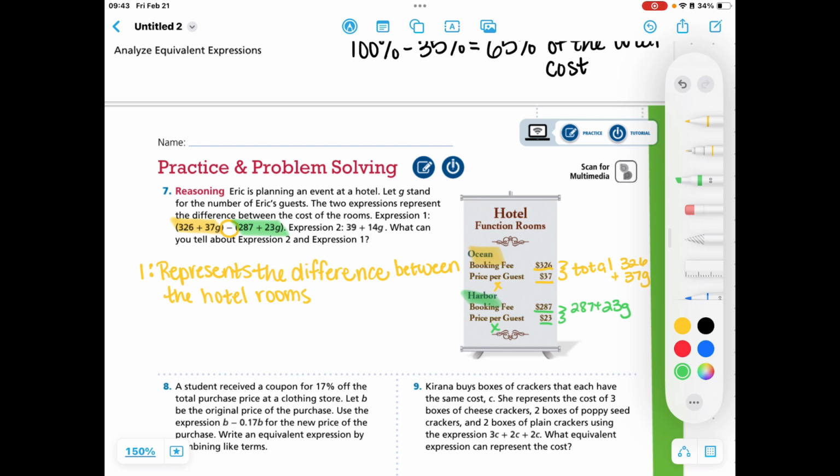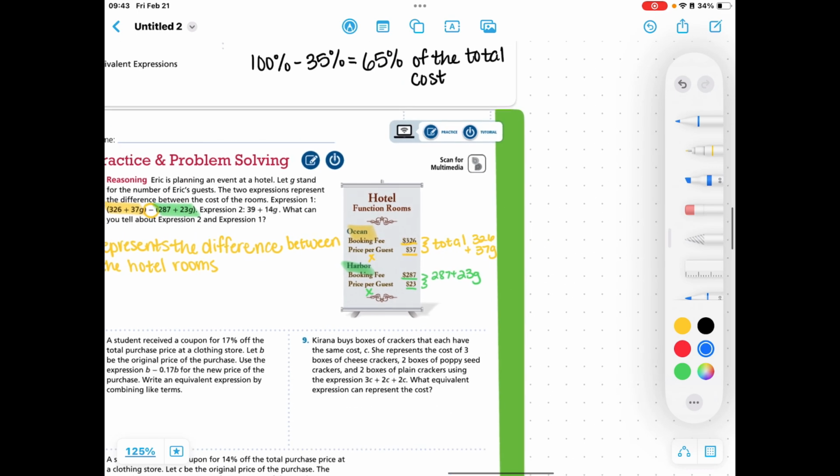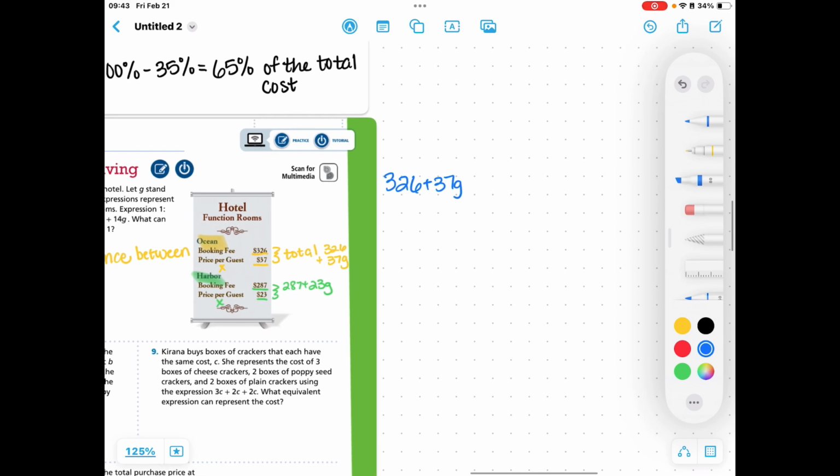Now, expression number 2 is a lot different than what we're used to. So let's just try out a little experiment. Let's just see what's happening here. And I'm going to show my work off to the side. Say if I were to go ahead and just subtract. I have a 326 plus 37G. I got that from just the Ocean. That's the Ocean price. And let's just subtract.